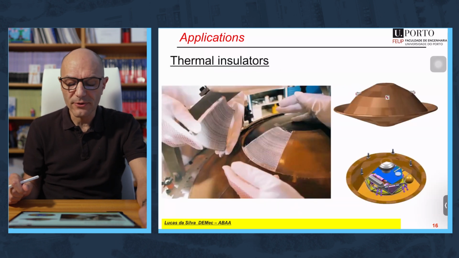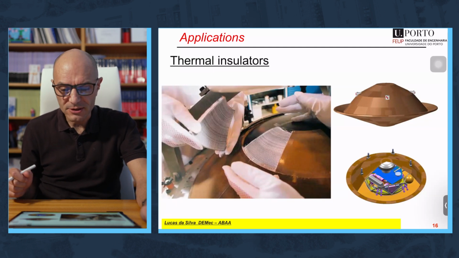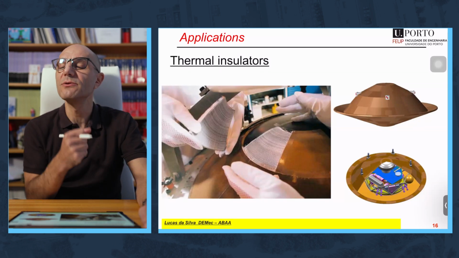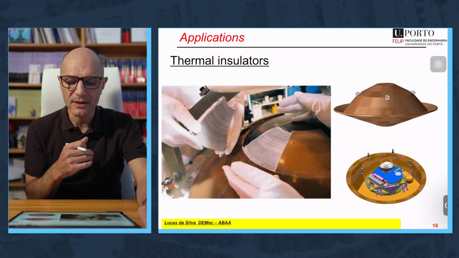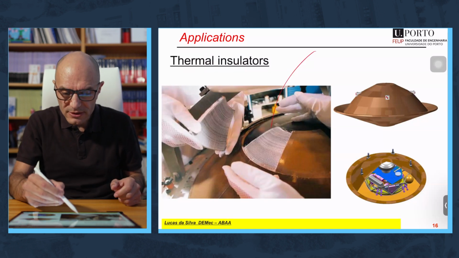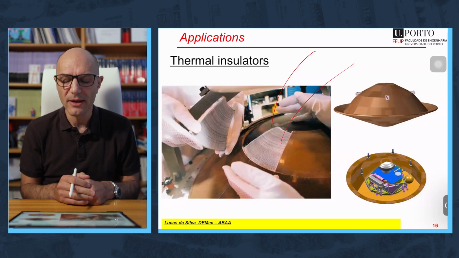Thermal insulators for aerospace vehicles. You have here a very nice example, an aerospace vehicle that is protected with cork. Cork is a very good insulating material. It withstands temperature very well, but you need to bond it to the metallic structure. So you use adhesive. In general, it's a type of silicone adhesive that can withstand very high temperatures.